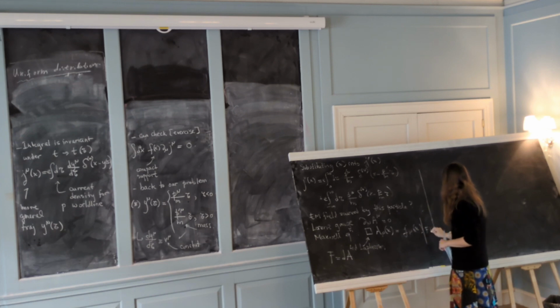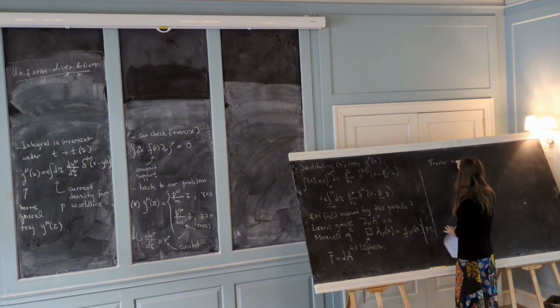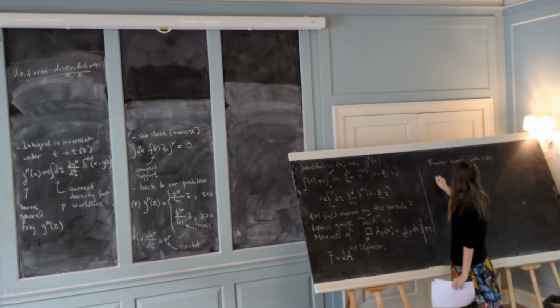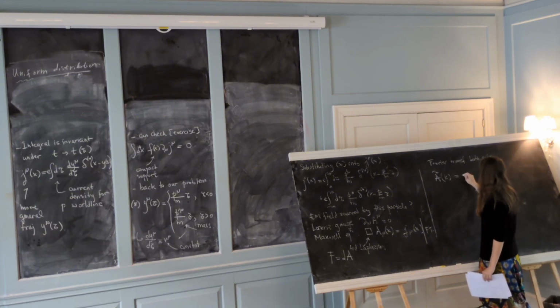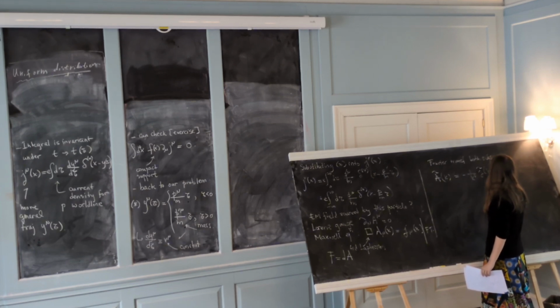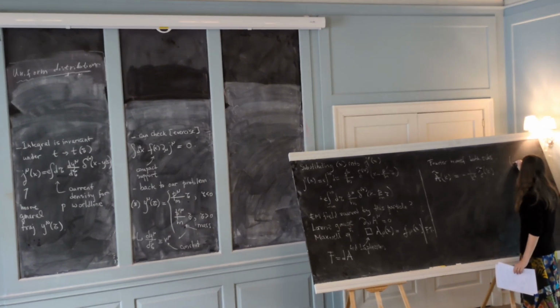I take the Fourier transform on both sides. We get the Fourier transform of A, now a function of the momentum k, is minus 1 over k squared times the Fourier transform of J, where I'm going to work in the mostly plus signature.